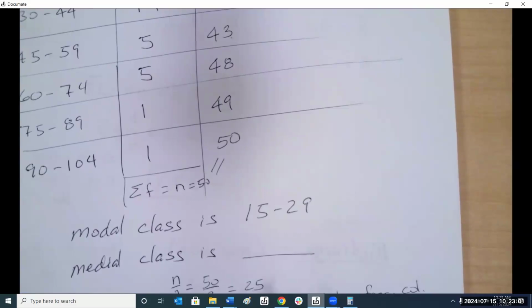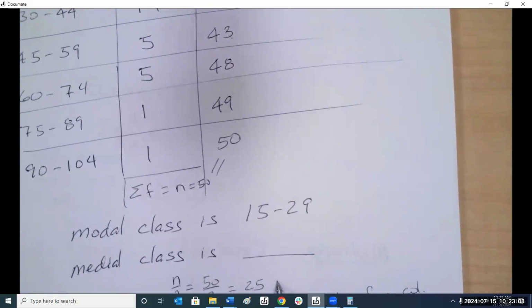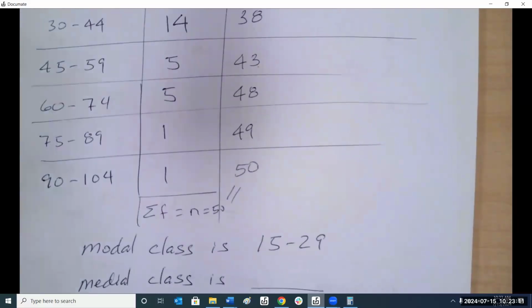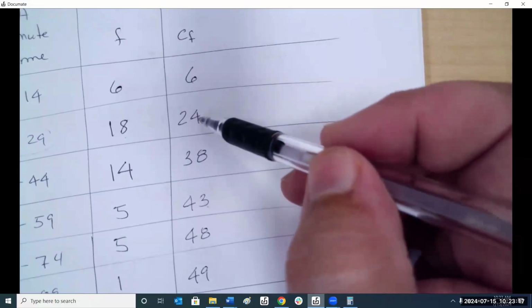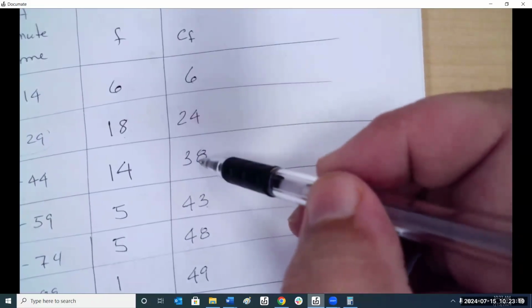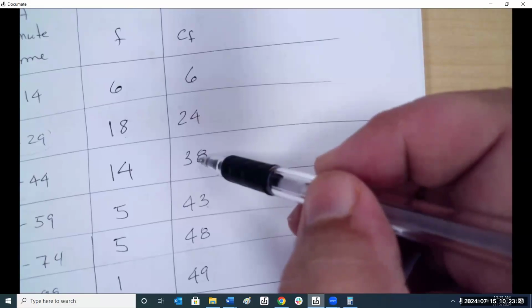So in our case, we have to go to the 25th and 26th number. What is the 25th number? Remember, our cumulative frequency is 6, then 24. So the 25th number is in the next class, in the third row.